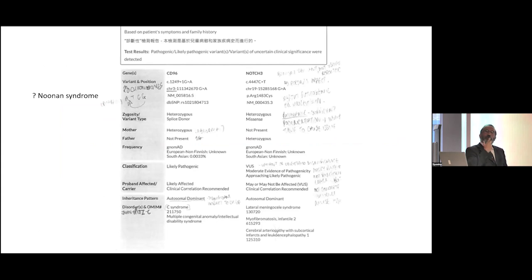Now, going to an example of a referral I got. This was a referral from an orthopedic surgeon saying this child has multiple congenital problems, extreme flat feet with pronounced Achilles contractures and skewed foot. When I saw the child in clinic, the father had come with a 72-page report with two genes identified.